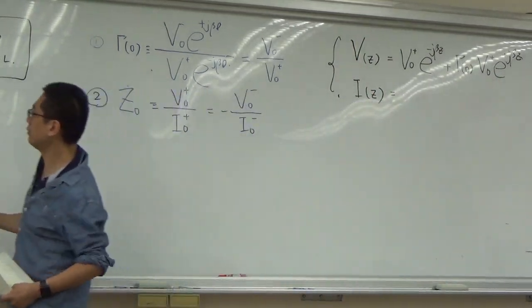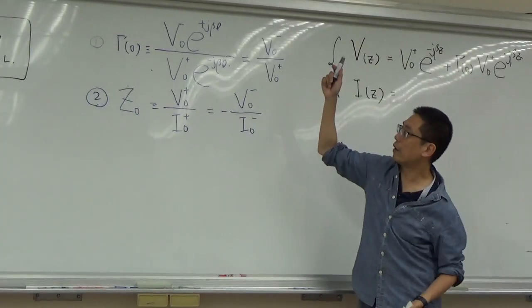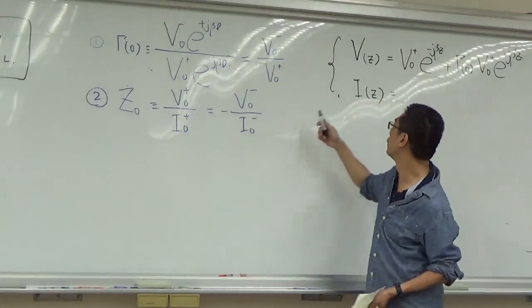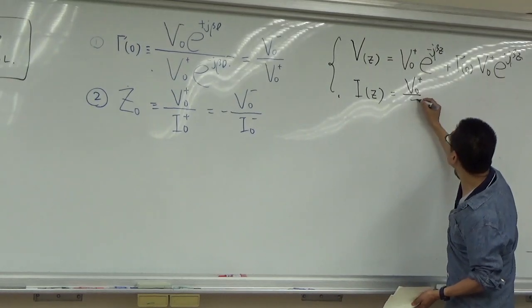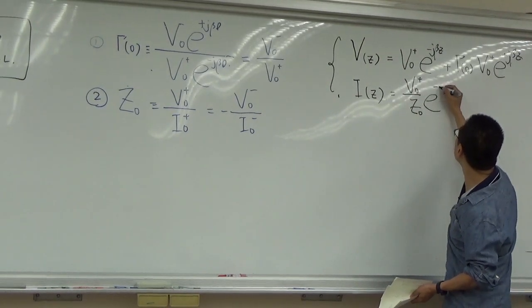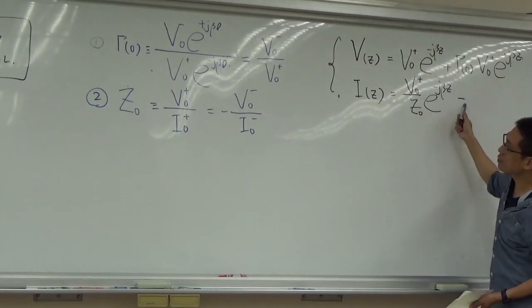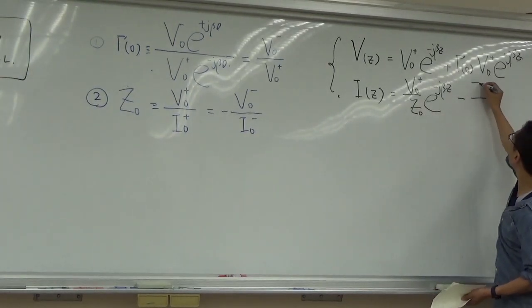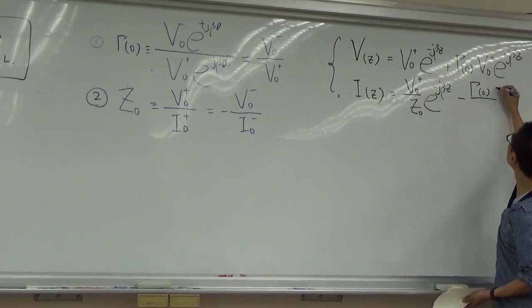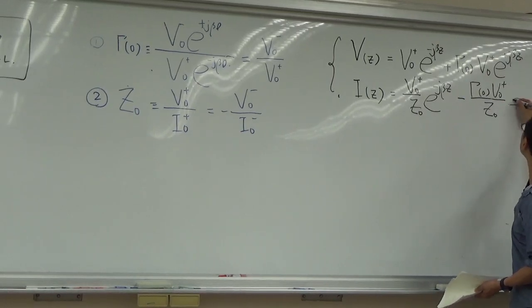This is the beginning, and after you have these two definitions, you can write down V0 plus over Z0 exponential minus j beta z, and minus, because of here, gamma 0 V0 plus over Z0 exponential j beta z.